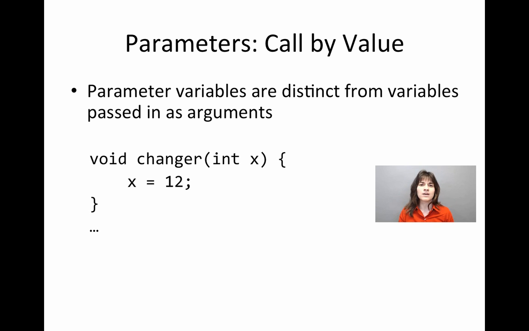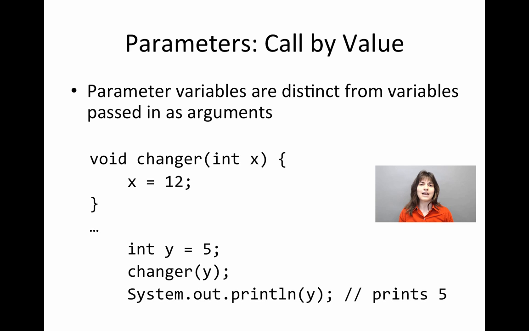Consider this example. We have the method changer that has one parameter, int x. Inside the method body, we do something to change the value of x. Now, how do we call this method? Suppose these are the lines where the method invocation happens. We have a variable y with a particular value, and then we pass to changer the value of variable y.